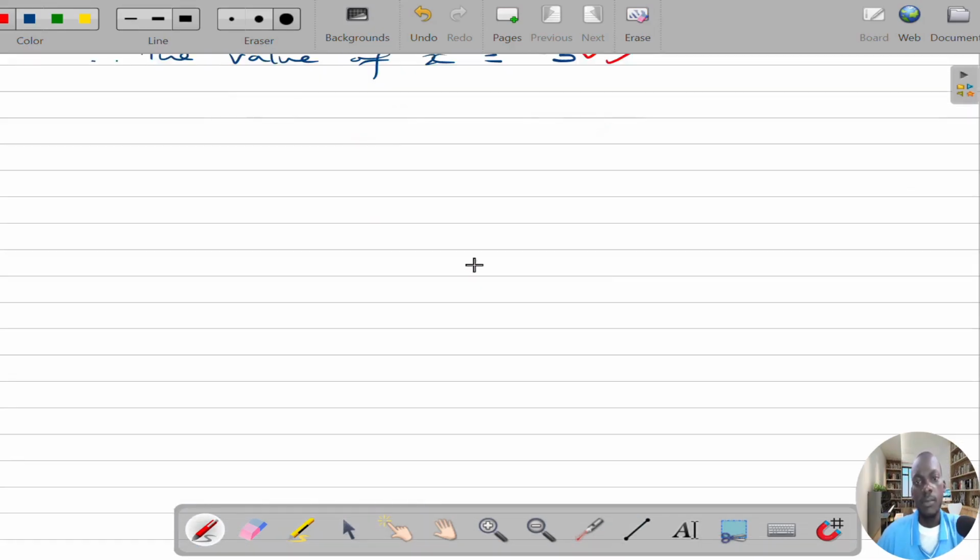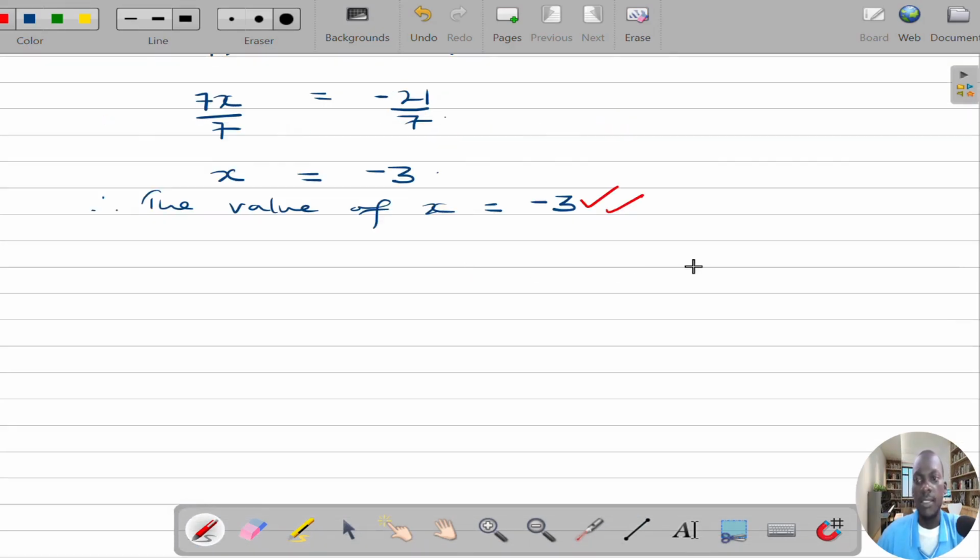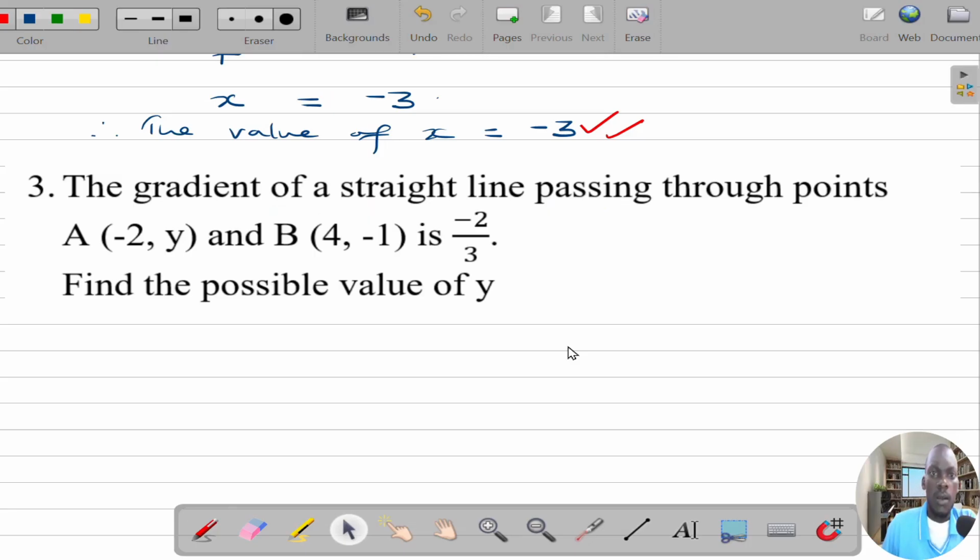Alright, let's now have example 3. The gradient of a straight line passing through points A, -2, y, and B, 4, -1 is -2 out of 3. Find a possible value of y. Still, we take the same procedure. We are going to have our solution.